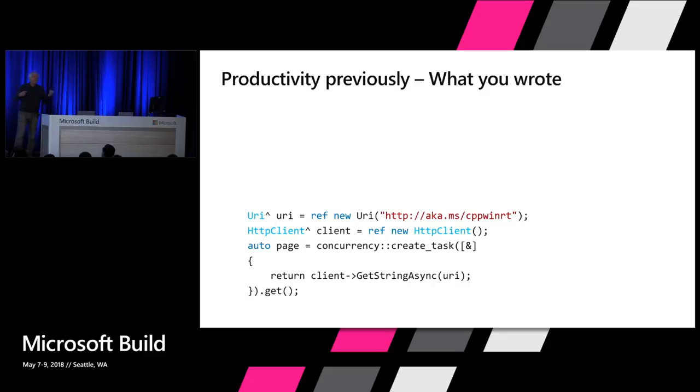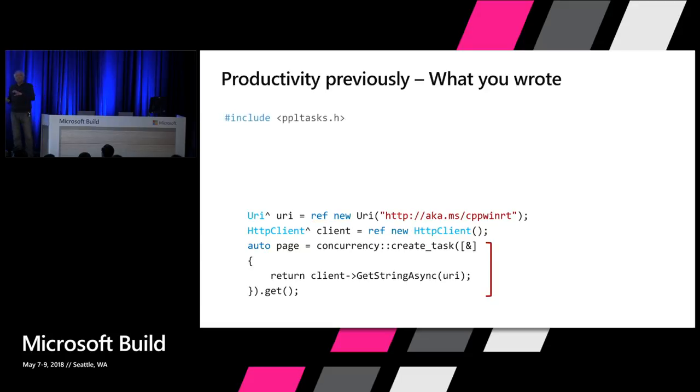So we have ref new. Well, you have to allocate. It's not really new. I'm not just heap allocating an object. I'm going into the Windows runtime and calling RoActivateInstance, the low-level API. But I'm basically activating a class. And I need to tell C++ CX that's what I want to do. So I have ref new. I have these hat pointers.